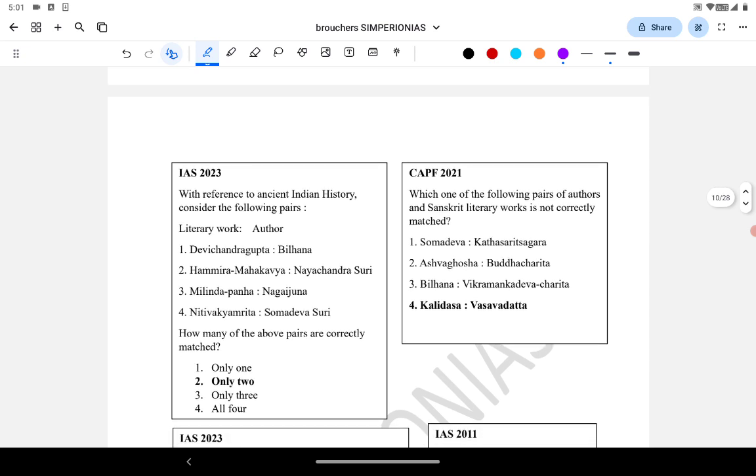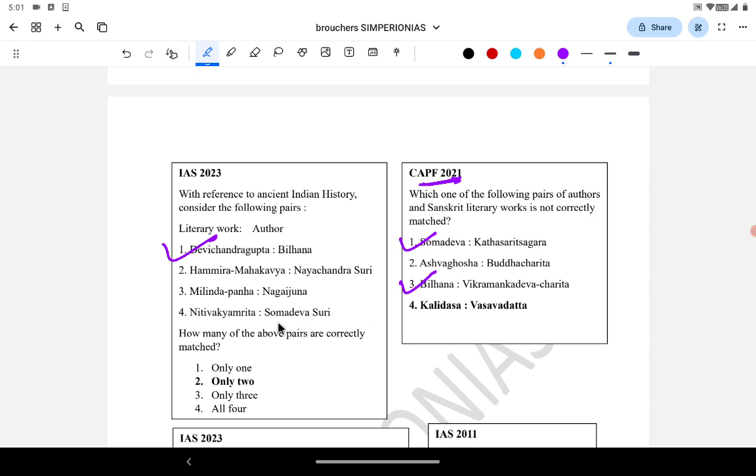This is a very interesting question. Let's consider CAPF 2021. Somadeva, Bilhana; they asked Devi Chandraguptam. Wrong. The correct answer: Devi Chandraguptam is by, I think, Vishakhadatta. Bilhana wrote Vikramankadeva Charita. So it was asked 2 years back in the CAPF.